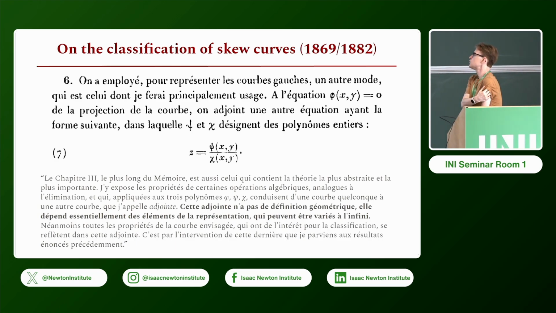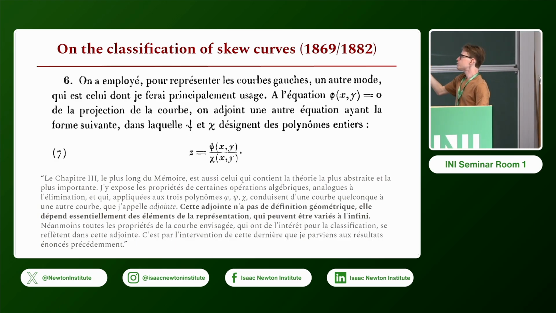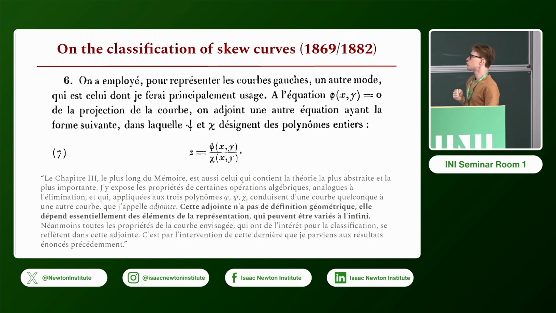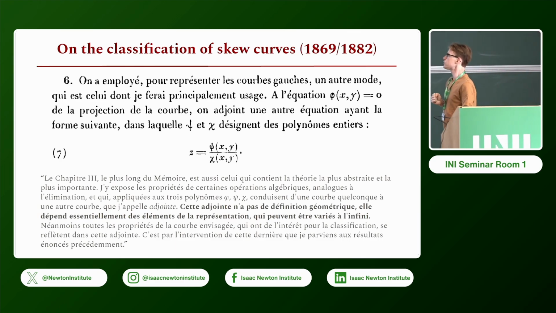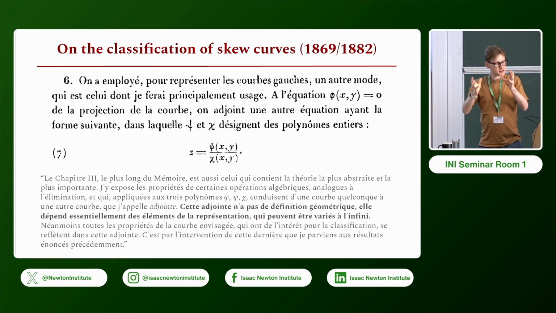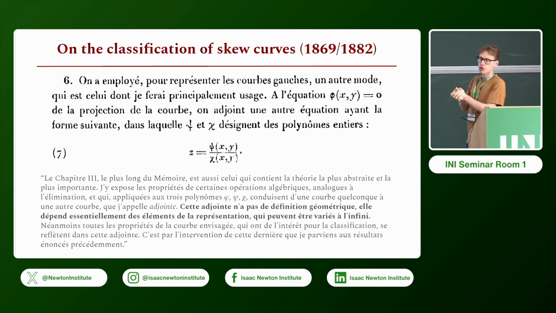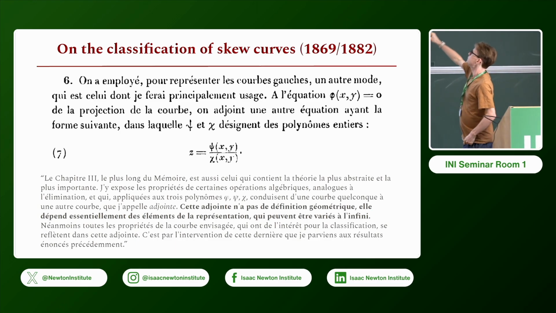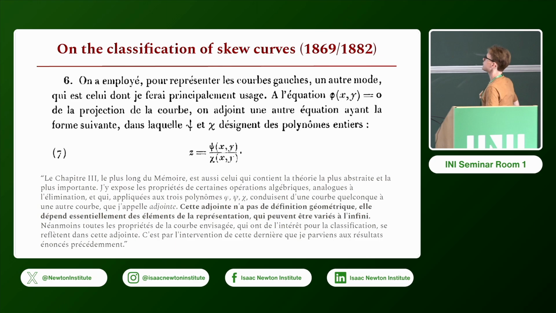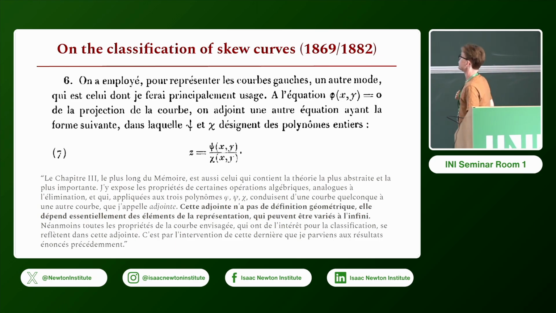And so he goes on to say, well, one way of looking at skew curves that is particularly fruitful is to look at them as intersections of surfaces, but that has issues. Another one is to look at them as being defined by those auxiliary polynomials.